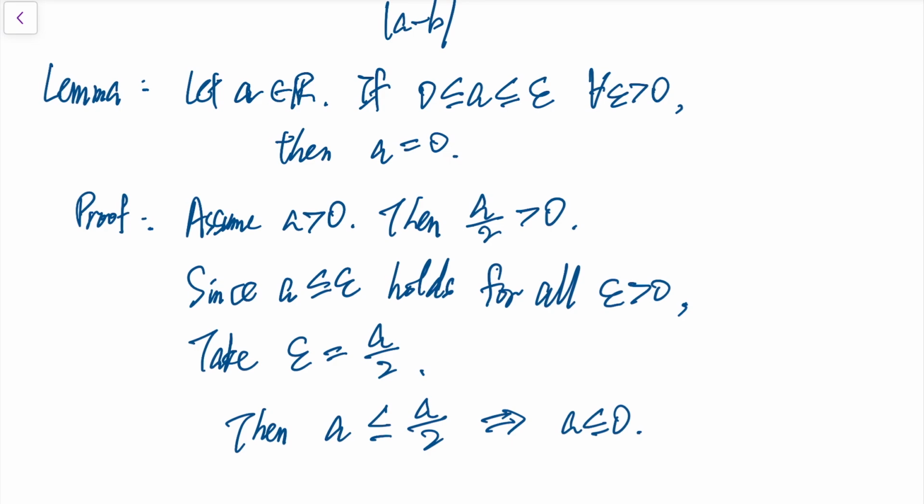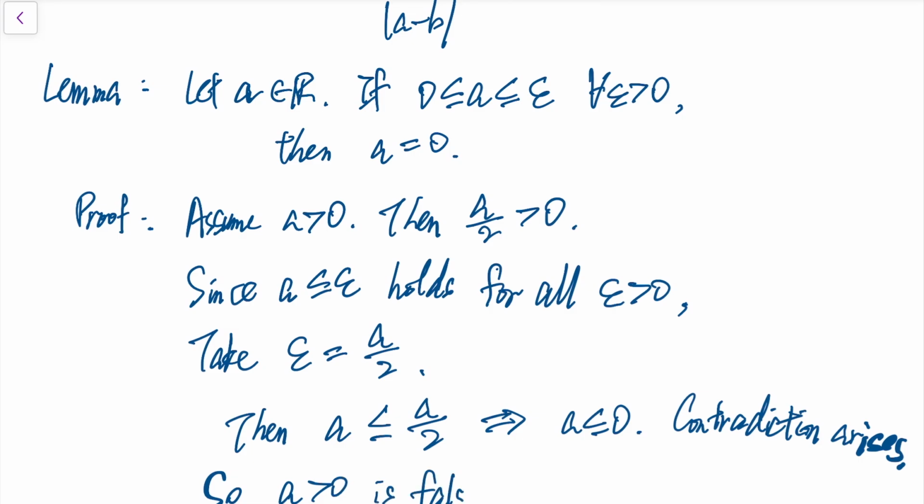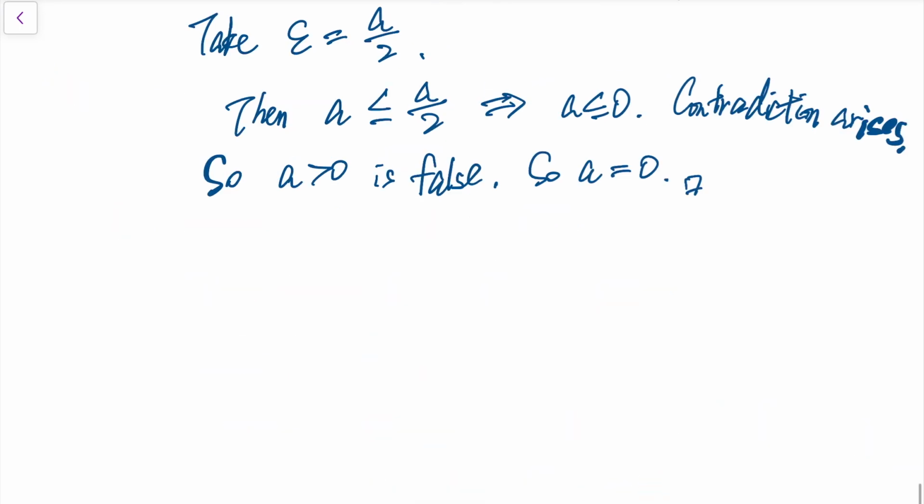This is a contradiction because we assumed that A is greater than 0. Contradiction arises, so A is greater than 0 is false. Since A is greater than or equal to 0, and A is greater than 0 is false, A is 0.